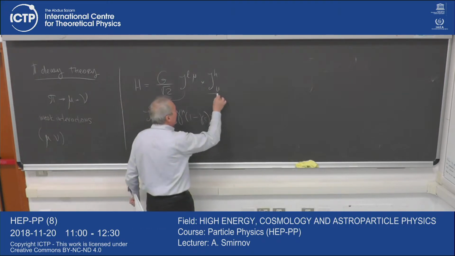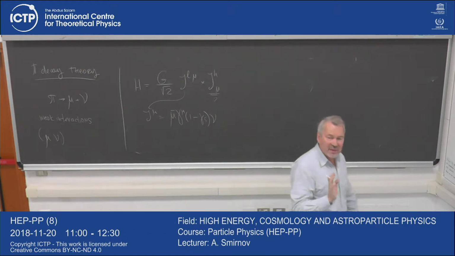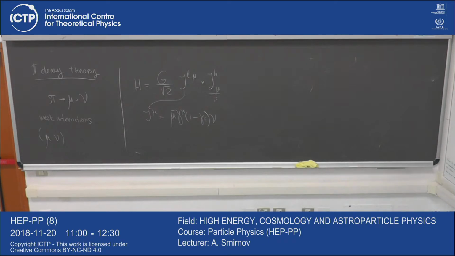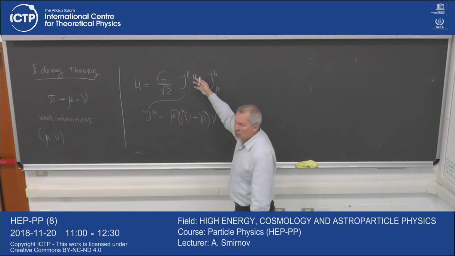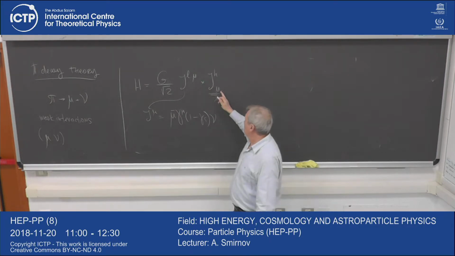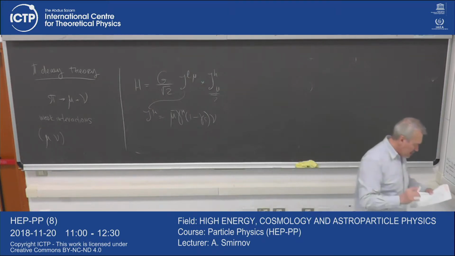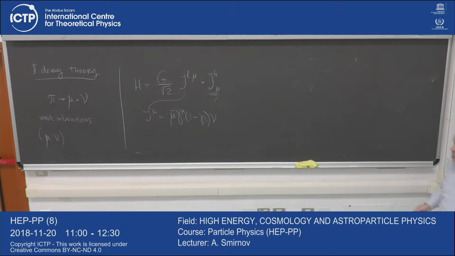Now, I don't know a priori what this current is. However, I can extract many things using this general expression. You will see that I can essentially compute the probability of the decay. I use Lorentz invariance: if I have an object with index mu here, I need something with mu there. So this is some operator which carries the Lorentz index mu, and for the time being that is enough.